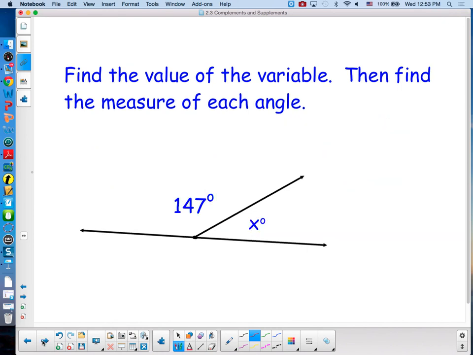Okay, let's try to find the value of the variable in this picture. What do you need to think of? Well, if you go from one side through that angle and through this one, what's that total going to be? What's that total straight angle?